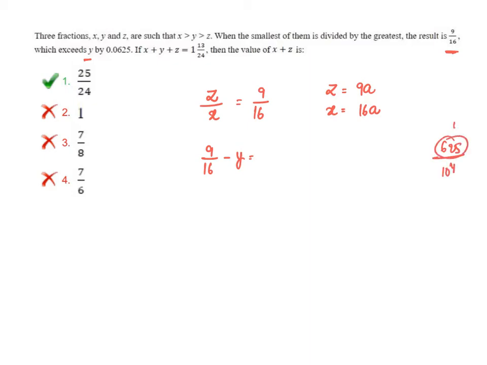This is 5 to the power of 4 by 10 to the power of 4, which is 1 by 2 to the power of 4, 1 by 16. Y value here is 8 by 16, that is 1 by 2.